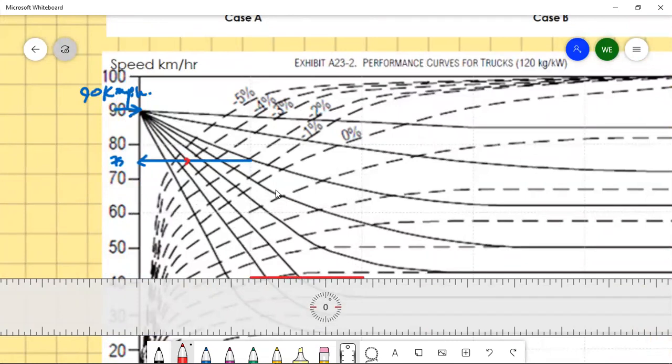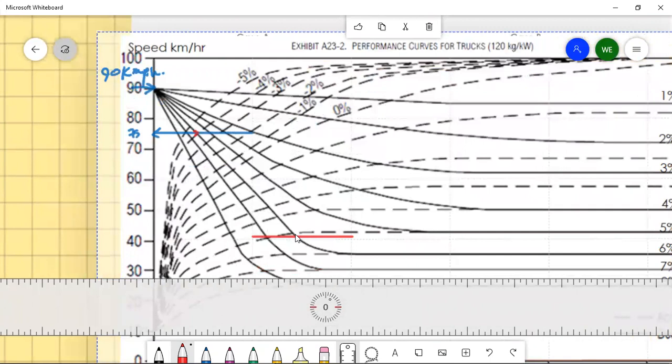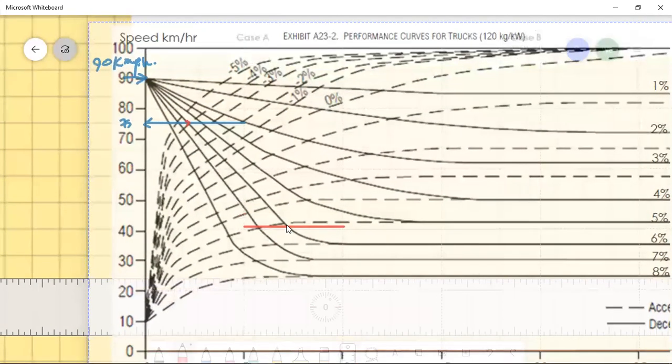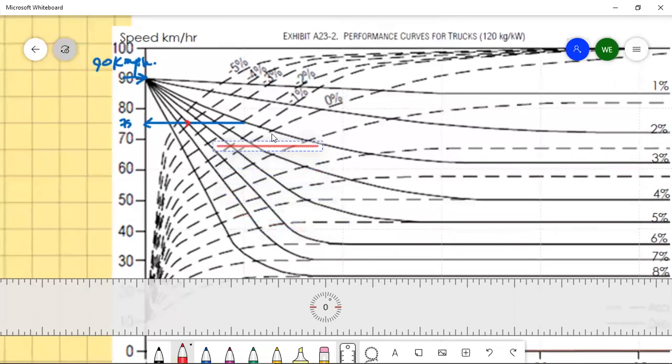I'm going to show you how we are going to use this later. So basically, that's the distance. We are going to drive the truck on that segment.